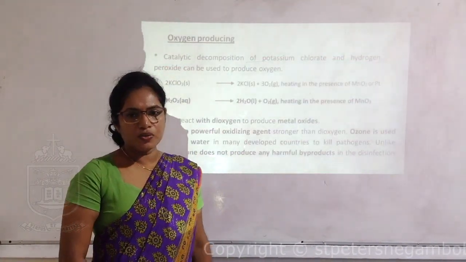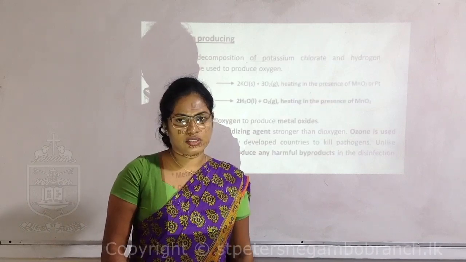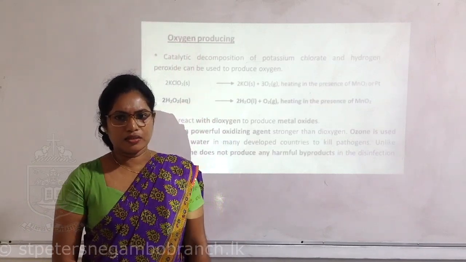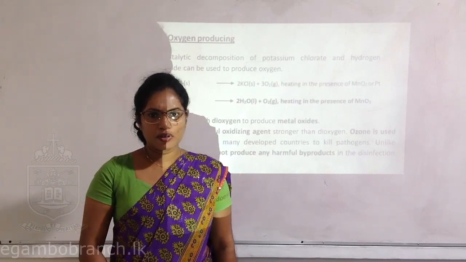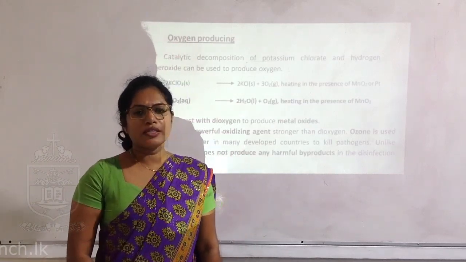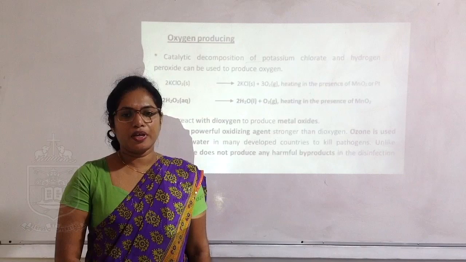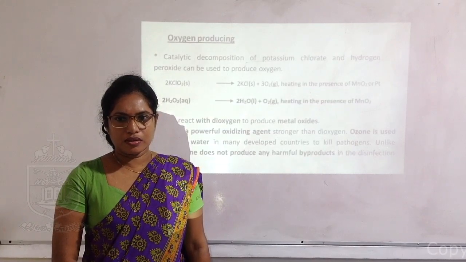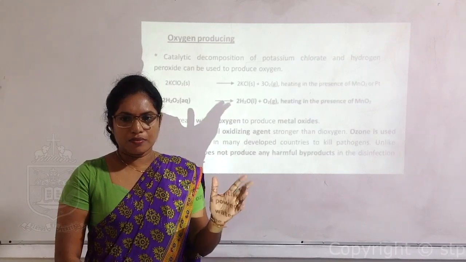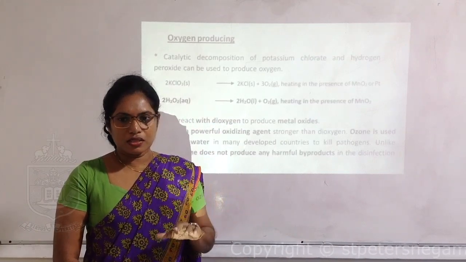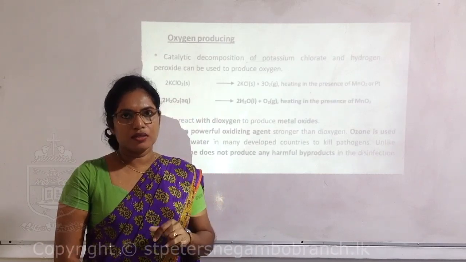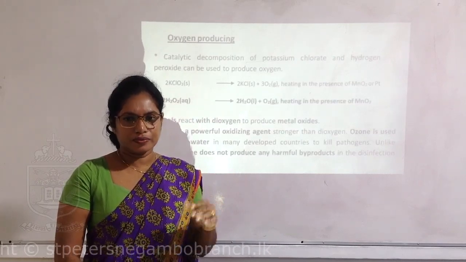Then how do we produce oxygen? We can produce oxygen by decomposition of potassium chlorate and hydrogen peroxide in the presence of manganese dioxide or platinum.